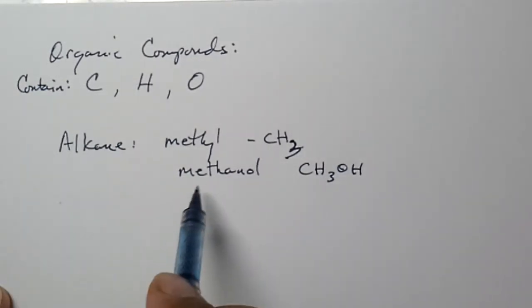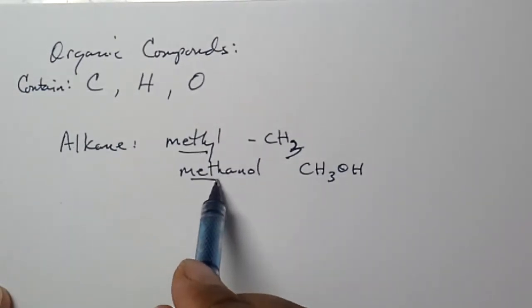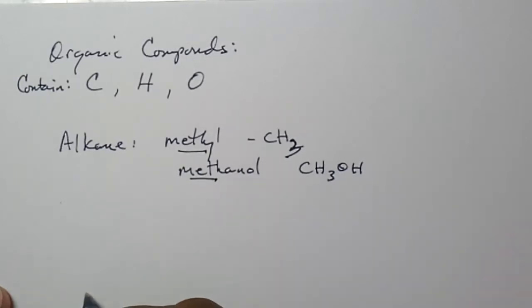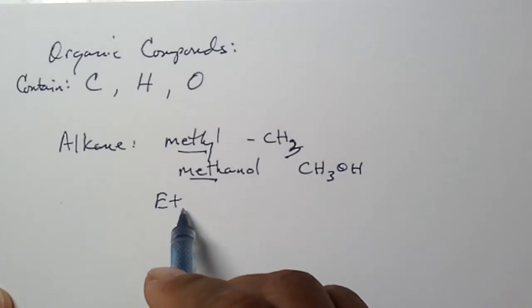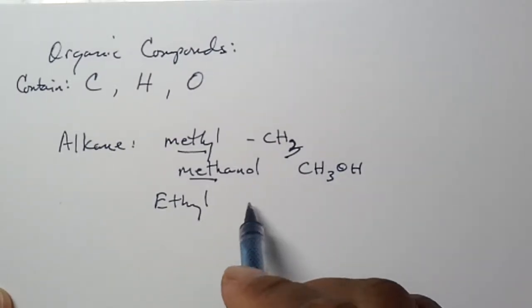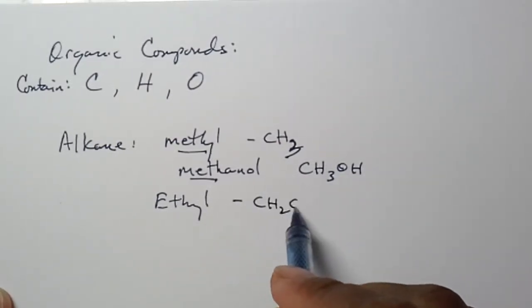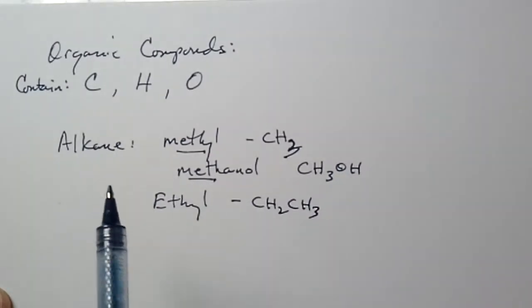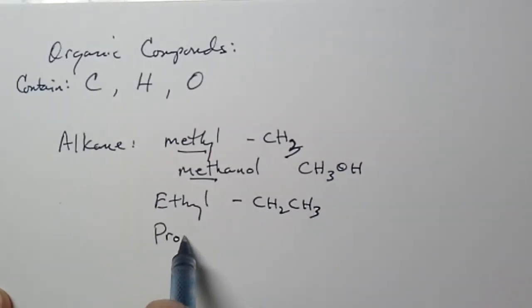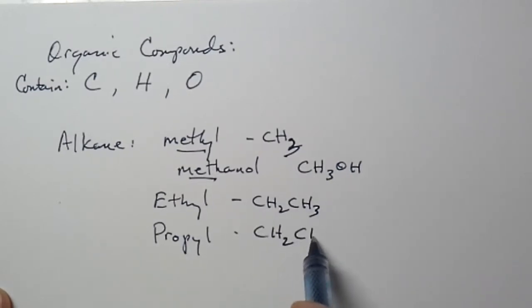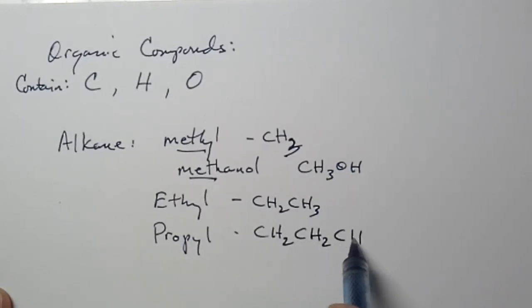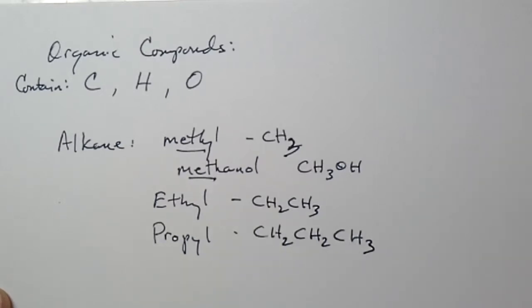Okay, so the methyl prefix is used to designate one carbon. Ethyl is two carbons. Okay, propyl. What do you think? 3 carbons. Butyl.